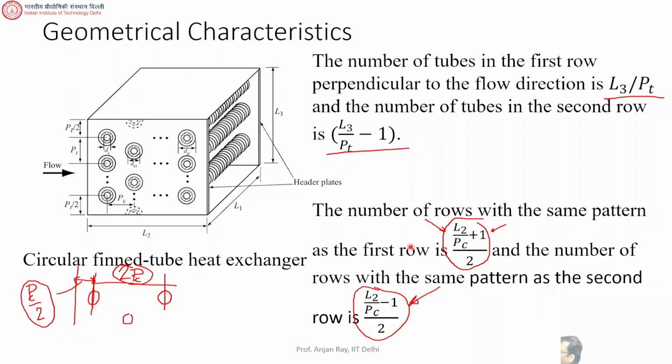Okay. Now, you can see a few things if you observe this fin tube heat exchanger. So this is inside an enclosure, and these are circular tubes, as you can see from here, and the fins are also circular. Okay, so when we talked about heat sinks, we looked at fins, but those fins are rectangular fins.